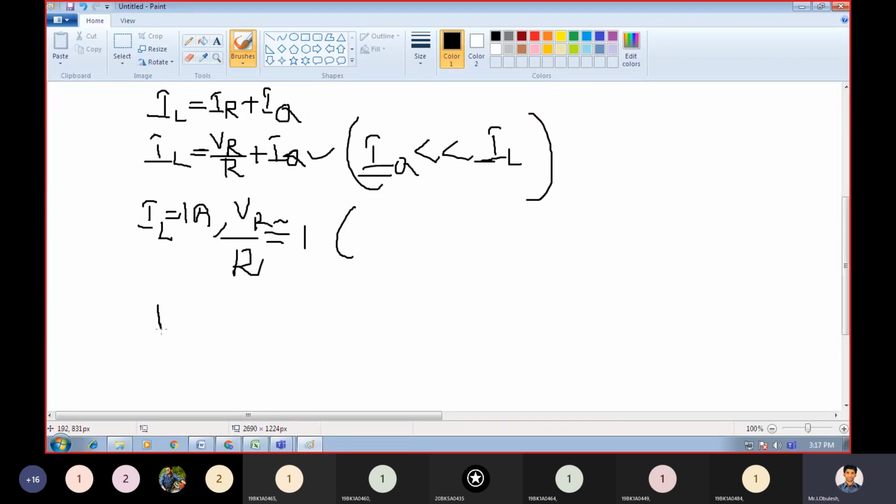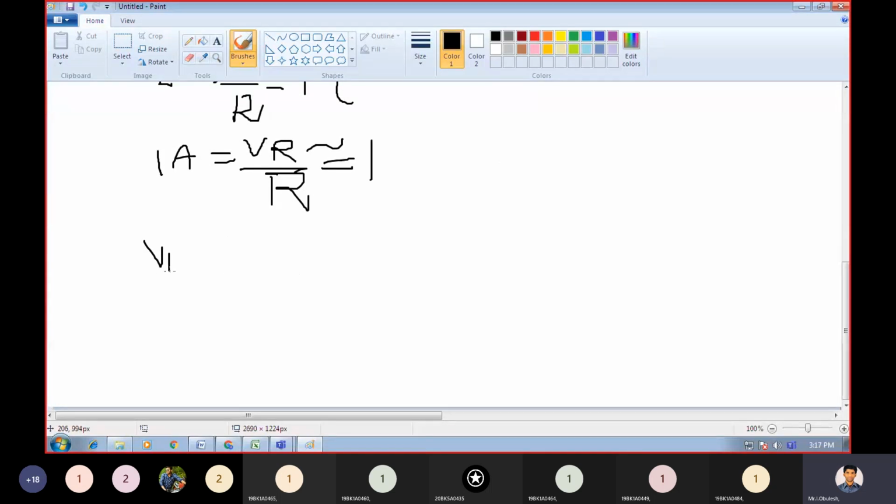Then 1 amp is equal to VR by R. If you know the VR value, let us assume VR is equal to 5 volts, and you know the IL value, what is the resistor R value?